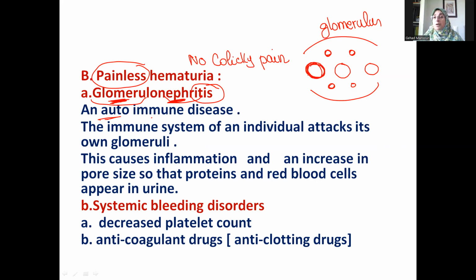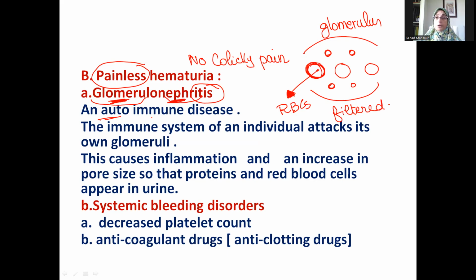And since they become larger, anything that was previously hindered or prevented from being filtered because of its big size, like essentially the red blood corpuscles, now it will be filtered, which is very unusual. It is unusual for the red blood corpuscles to be filtered because they are larger than the size of the pores.